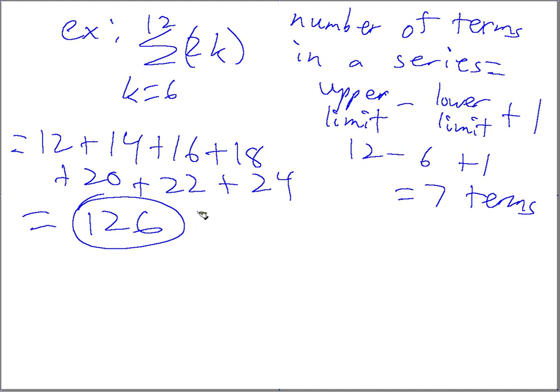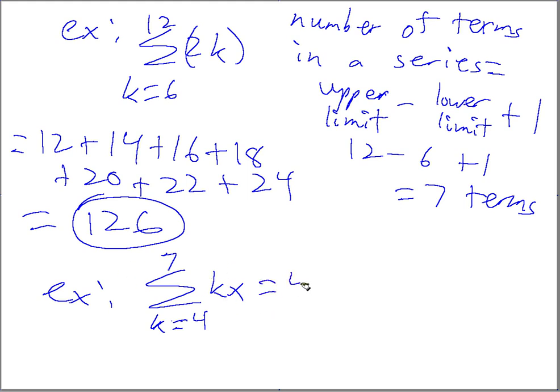Alright, let's look at then this problem. Let's look at the sigma of k going from, let's say, 4 to 7. And how many terms is that? There's 4 terms here, right? Of kx. Let's add up and find out what the sum is.